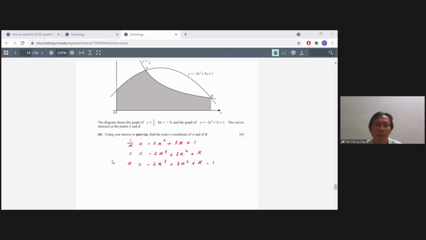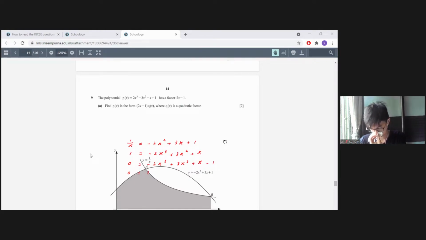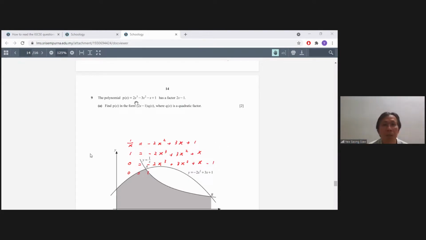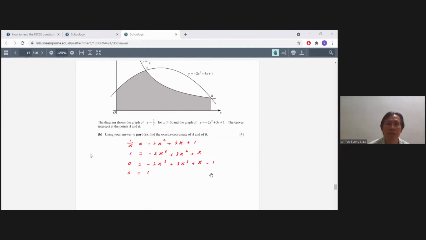So this you compare with part A, it is the same. So you copy from part A. But this one is positive, this one is negative. One is positive, one is negative. Bring the negative out first.